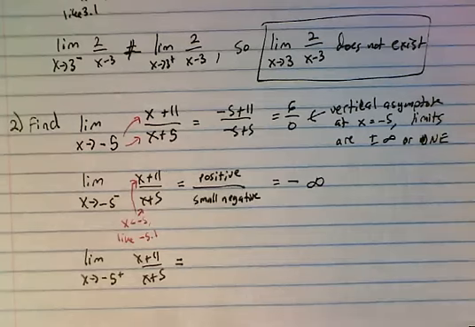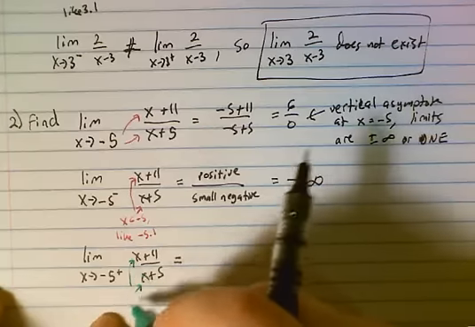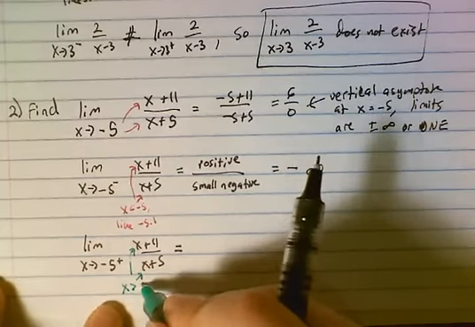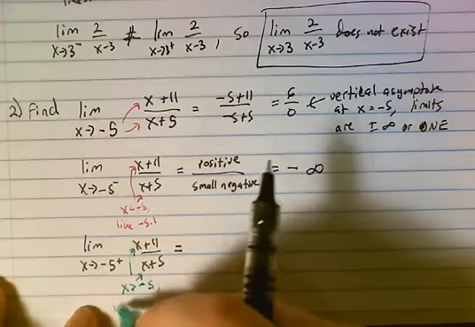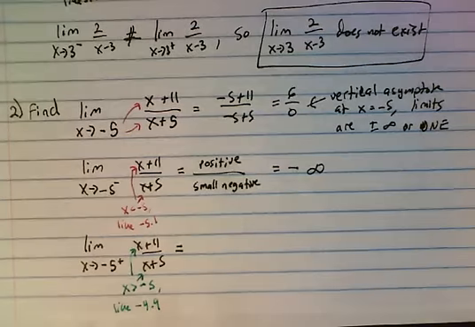Here, similar idea. We're approaching from the right, so that means that x is going to be slightly bigger than negative 5, like negative 4.9 or thereabouts. Remember that when we're in the negative numbers, negative 4.9 is bigger than negative 5 because it's to the right.